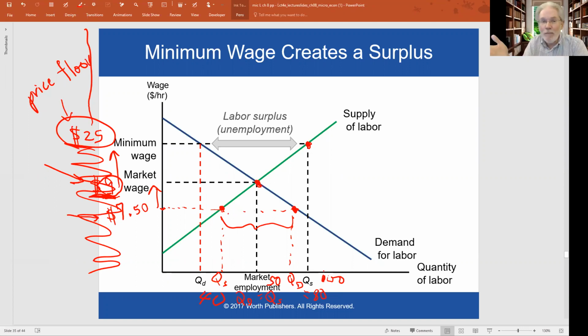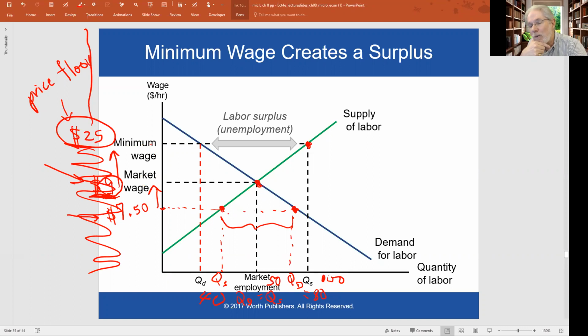Who's not happy about the high wage is the demanders of labor, who are now going to pay a very high price to get labor. So to determine how many jobs will be available, we look at the demand curve. And we see at the lower wage, there were going to be 50,000 jobs available.